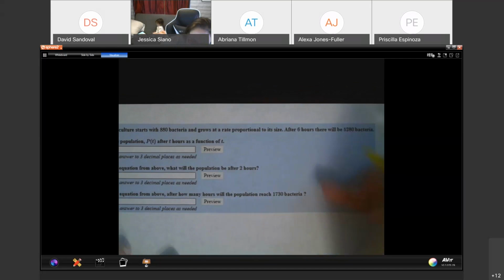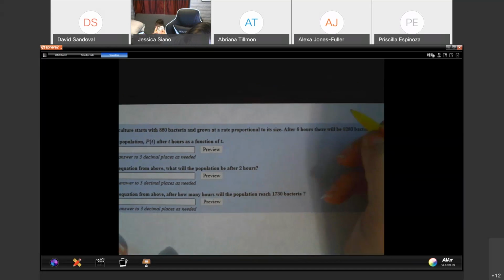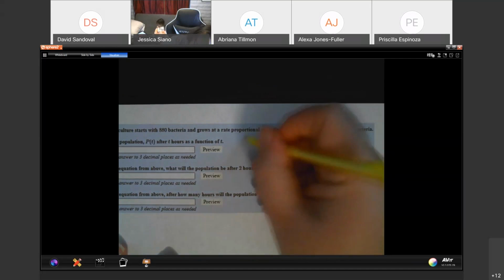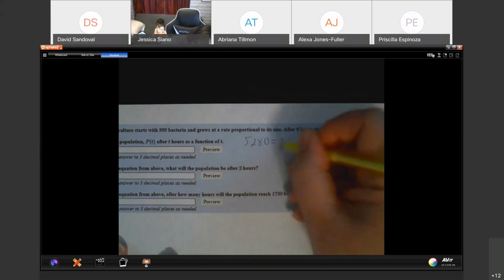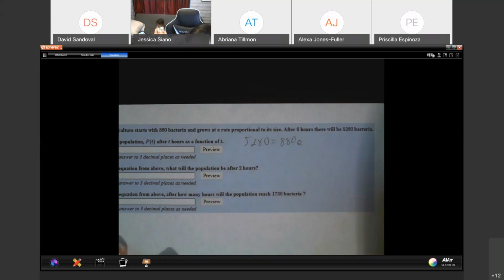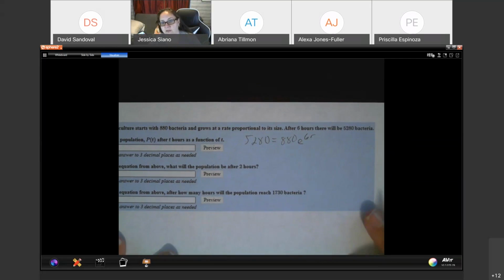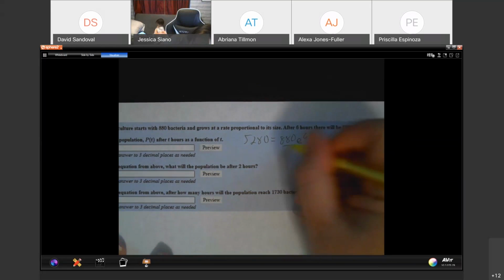So this time, since it's not doubling, I'm going to go back to E. So starts with 880. After 6 hours, we have 5,280. So 5,280 equals 880 E to the 6R, because I'm looking for my rate. Divide both sides by 880.